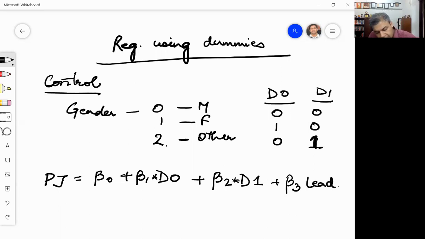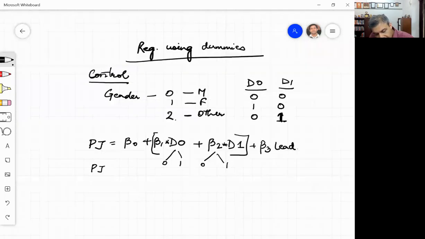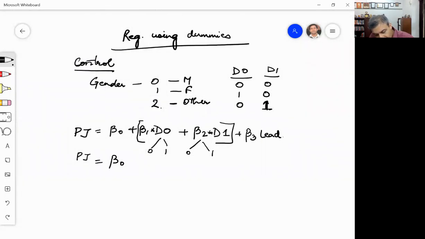So for gender, you have now coded two dummies, and each one of these dummies takes only two values, 0 and 1, right? So if you enter the different dummy values in this equation, you will get PJ equals beta naught plus beta 3 lead. This is for males, right?